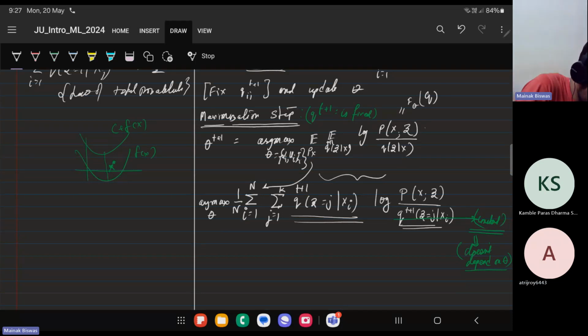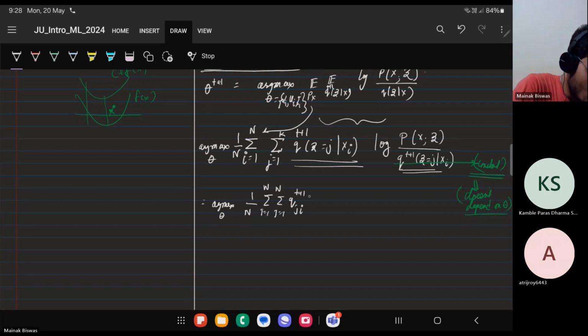Now this I can write as argmax of theta, 1 over n, i equal to 1 to n, j equal to 1 to n, Q ji t plus 1, log of p of xi given z equal to j, into probability z equal to j.